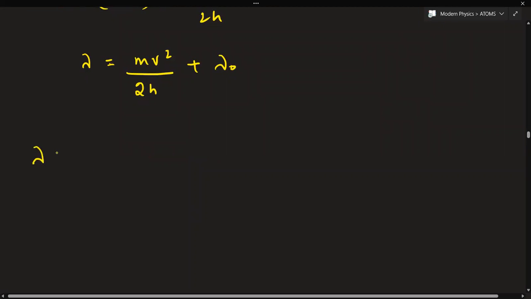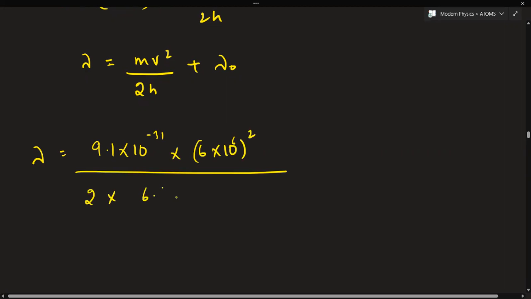Now see, frequency will be: mass is 9.1 into 10 to the power minus 31, v square is 6 into 10 to the power 6 whole square, divided by 2 multiplied by Planck's constant, 6.63 into 10 to the power minus 34, plus the threshold frequency, that is 4.22 into 10 to the power 14. Now you had to solve this to get the final frequency.